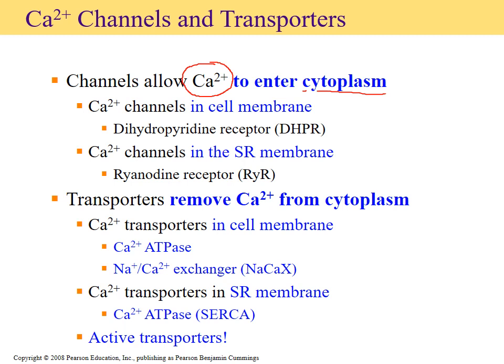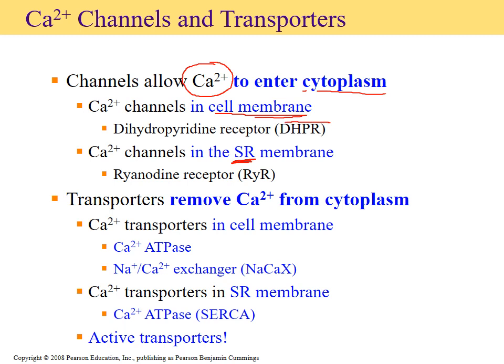And this is obviously done when we want our muscles to contract. We see that we can have some calcium channels that will allow calcium to go from the outside to the inside of the cell through the cell membrane itself. Or we can get the calcium to be released from the sarcoplasmic reticulum, so it can also increase its content intracellular. If we're looking at the cell membrane, then we're looking at our dihydropyridine receptor, DHPR.